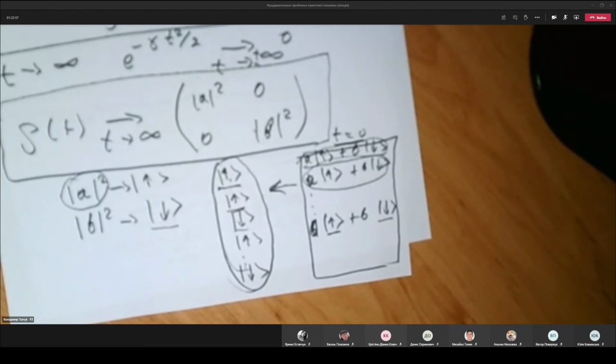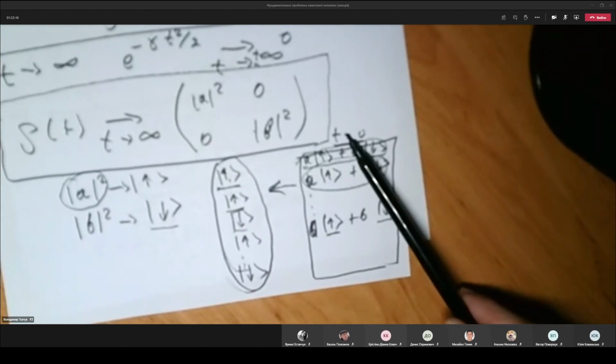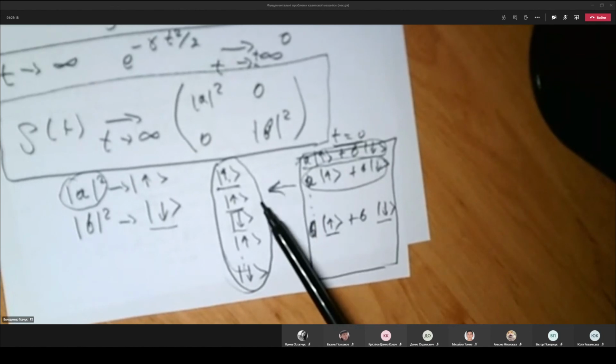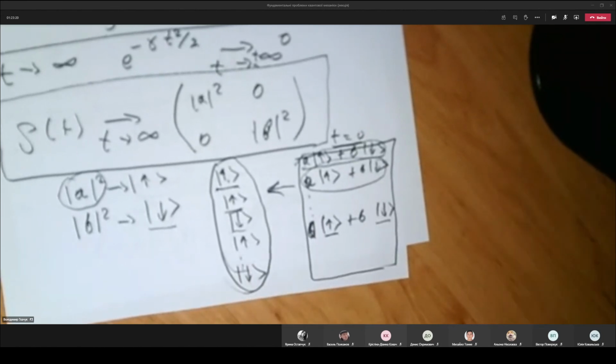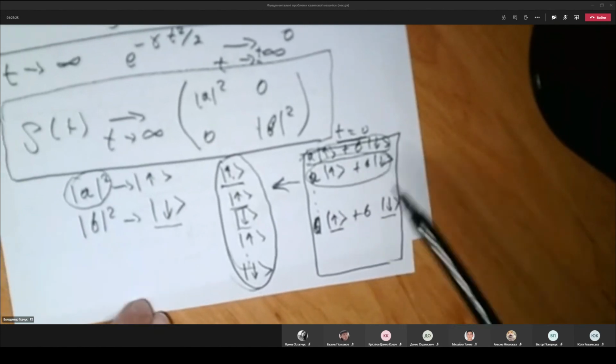At the initial time t equal to 0, we have a pure state, but as a result of evolution of this pure state in a fluctuating magnetic field, we obtain a mixed state. So a pure state is changed by evolution to a mixed state, and such a process is called decoherence of quantum state.